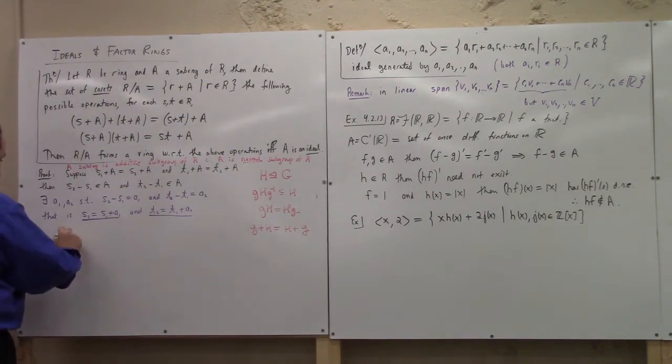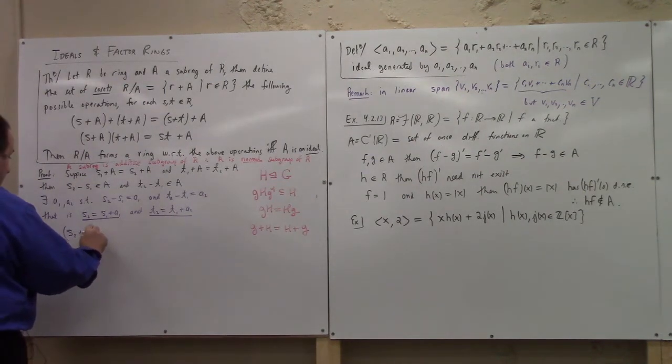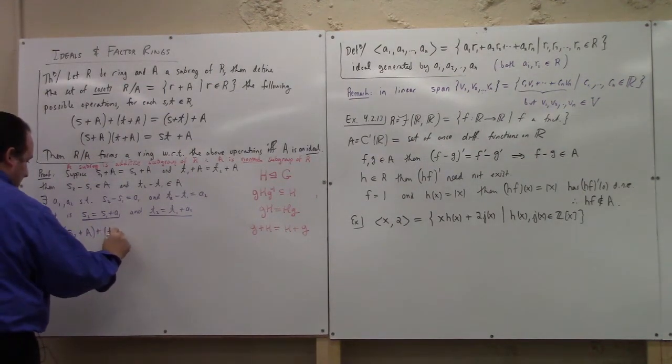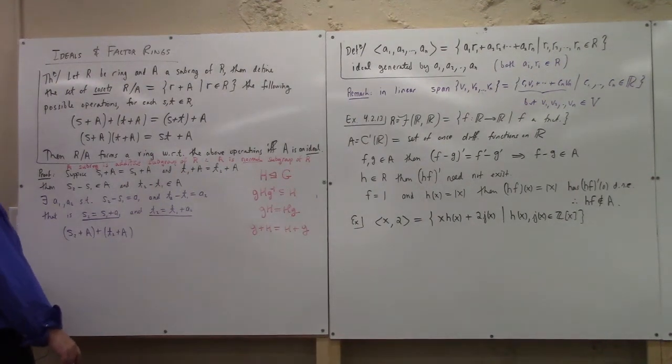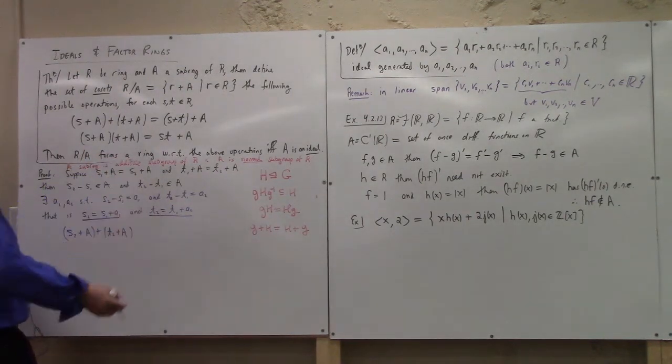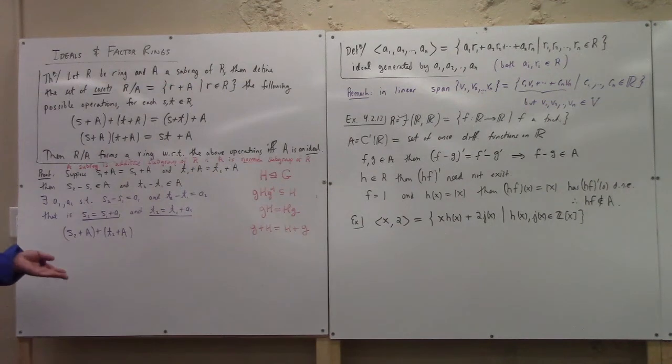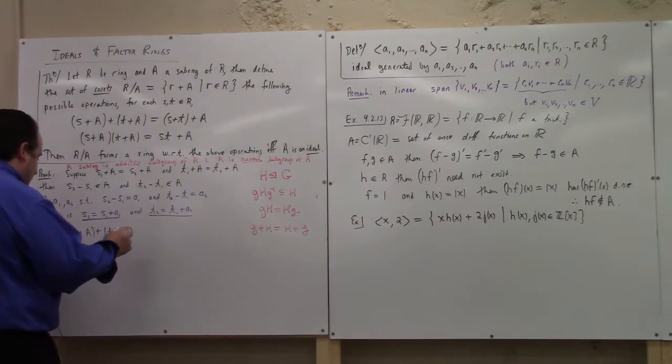If we have S2 plus A plus T2 plus A, I'd like to show that this is equal to S1 plus A plus T1 plus A. That will show that the operation is independent of my choice of representatives, right? It will show that the operation of addition is well-defined. And I think I actually already know the addition is well-defined here because this was the definition of addition in group theory, but I'm rehashing some old arguments here, admittedly.